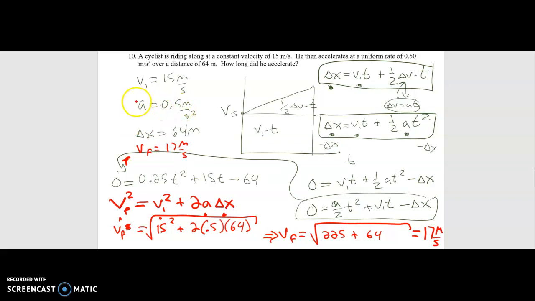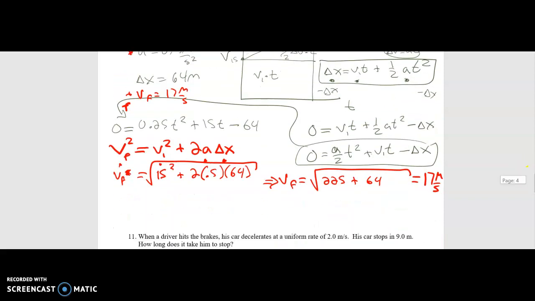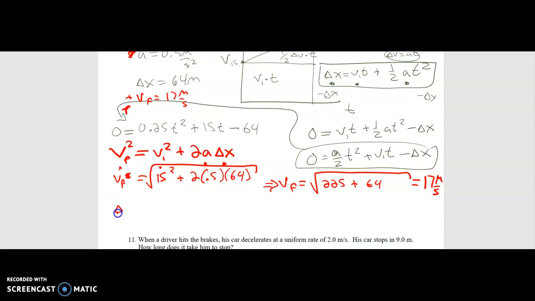So now you've got an acceleration, your final velocity, and your starting velocity, and you can use these to solve the problem. The change in velocity equals 2 meters per second. And then we know that time equals the change in velocity divided by the acceleration. So we got 2 meters per second divided by that 0.5 meters per second squared equals 4 seconds.